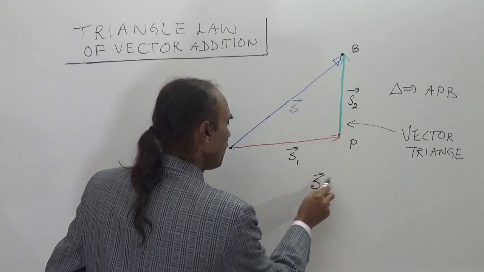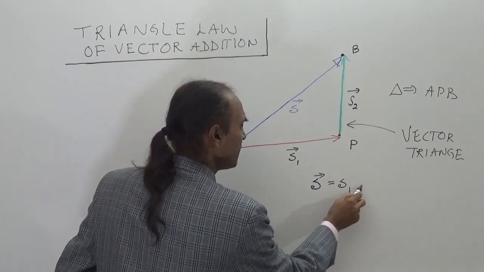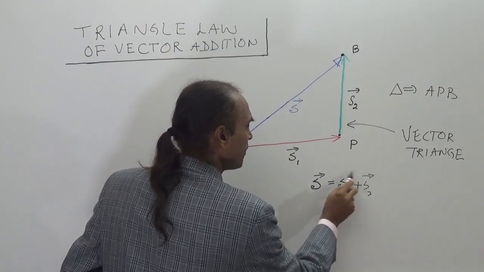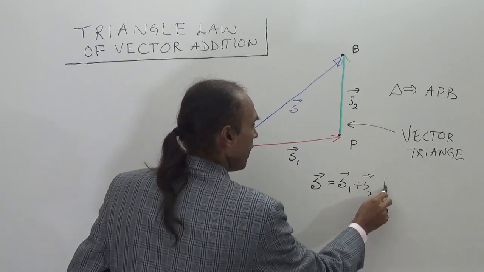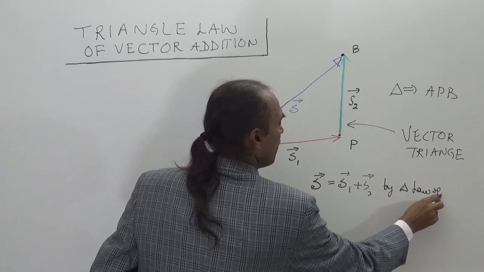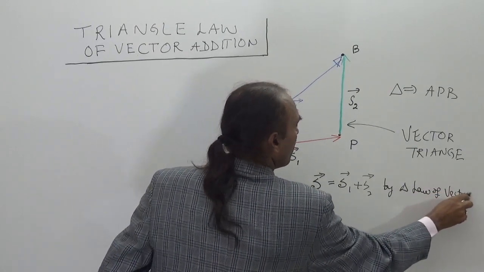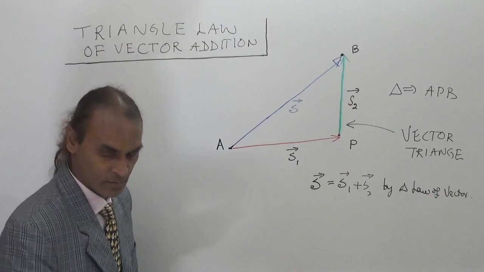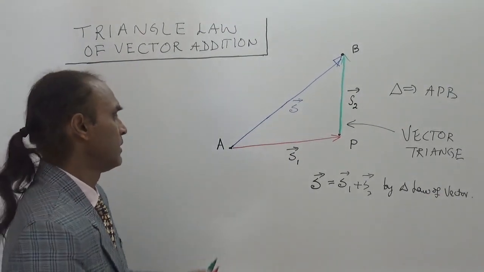S is equal to S1 plus S2 by triangle law of vector addition, what we have discussed just now.